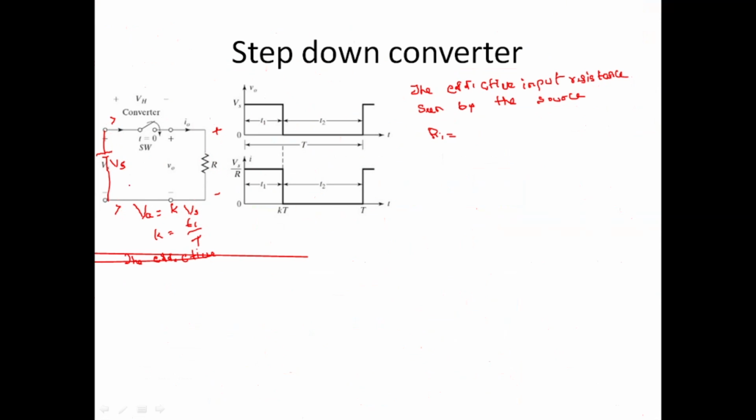Source voltage is Vs. These two terminal voltage is Vs. Source voltage is Vs divided by average current, I average. IA is average current.